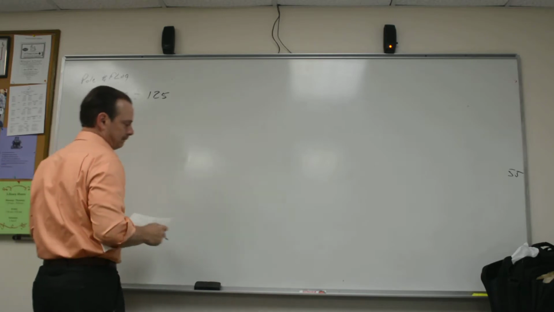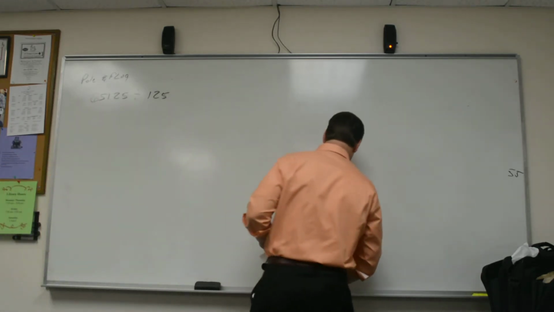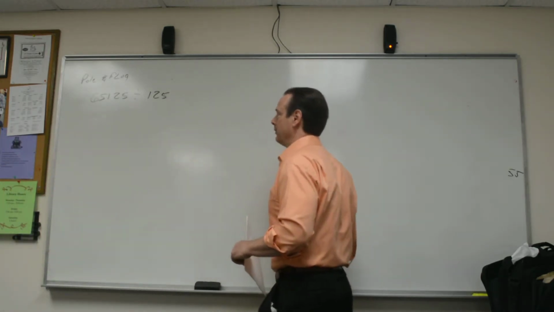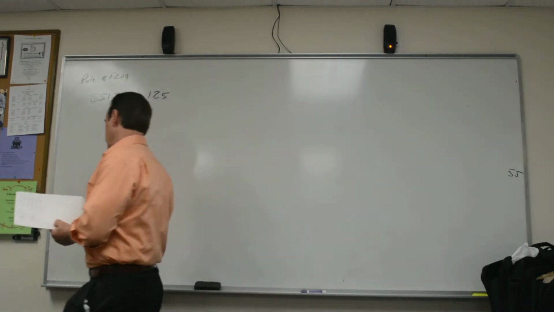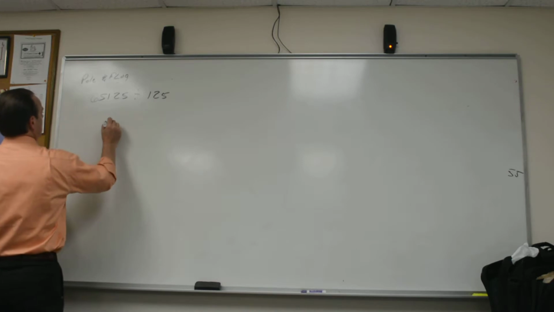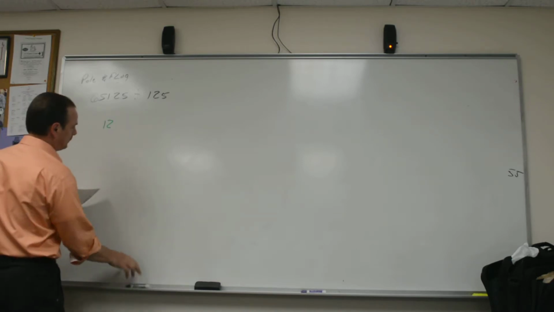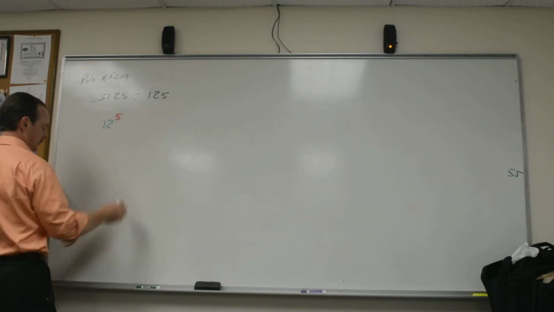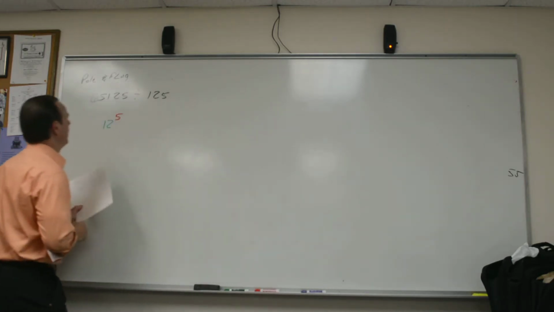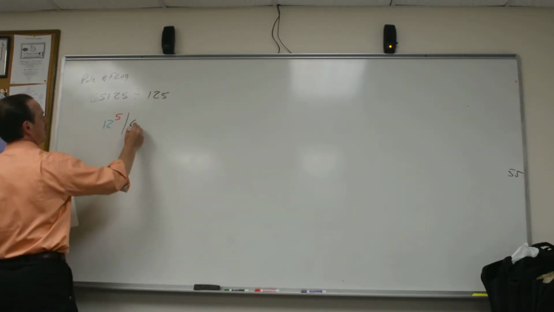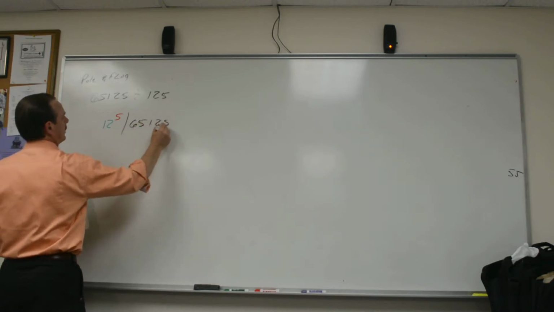All right, new number. Still got to establish our flag and pole. What are we going to use for our pole? 12. And our flag? All right, now, what do we do? 6, 5, 1, 2.